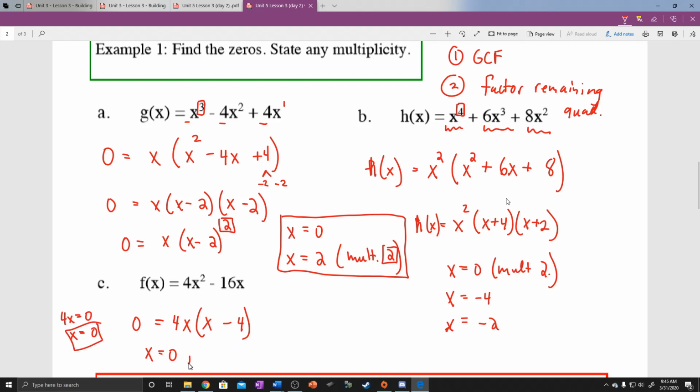And then x is equal to 4. So this is a quadratic, and it has 2 zeros that don't repeat. The previous one was a 4th degree, and it had 3 zeros. One of them appeared twice. Right? Good.